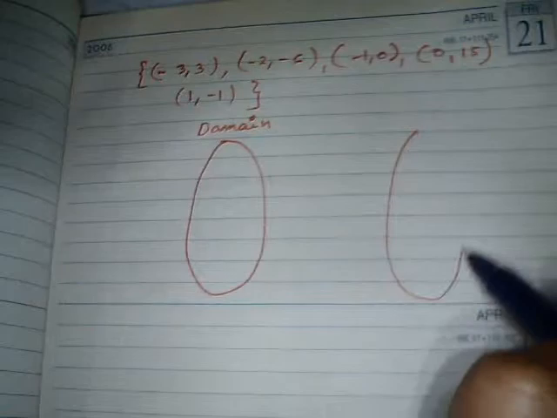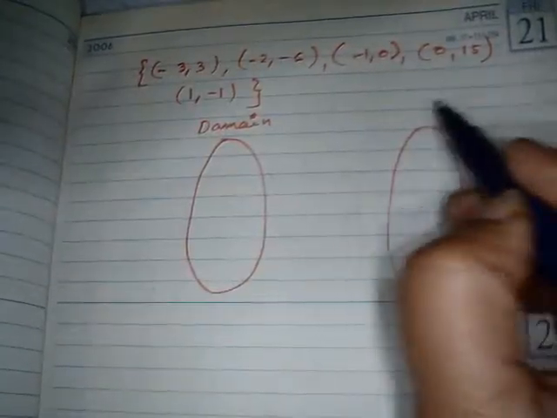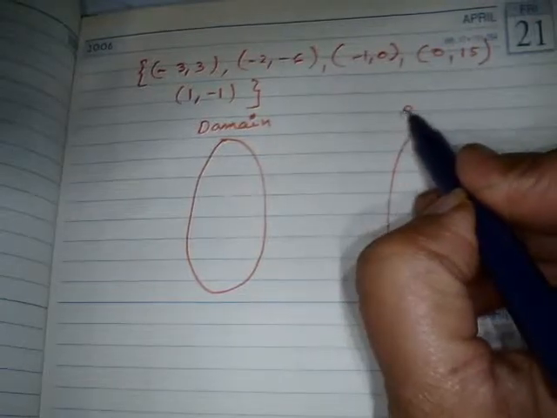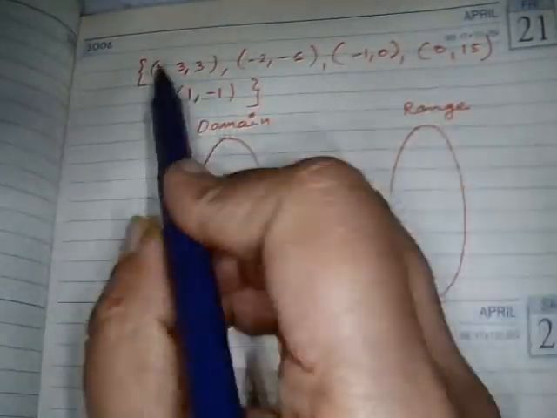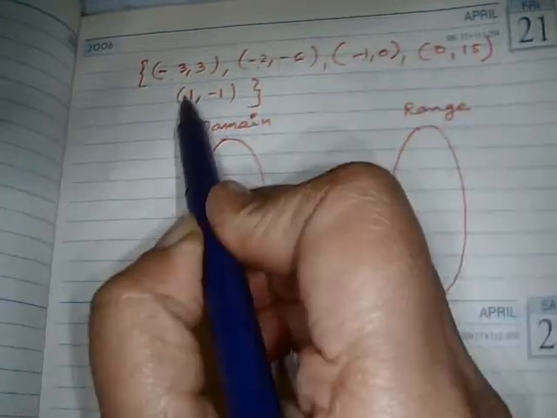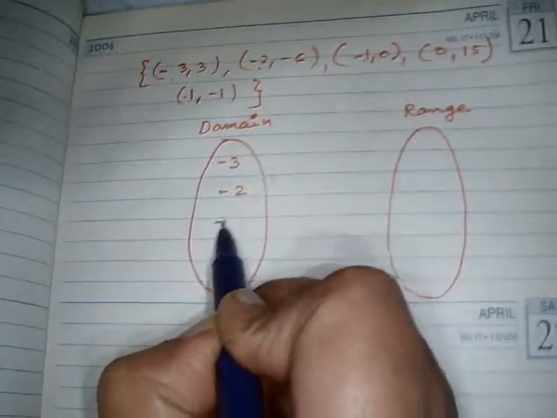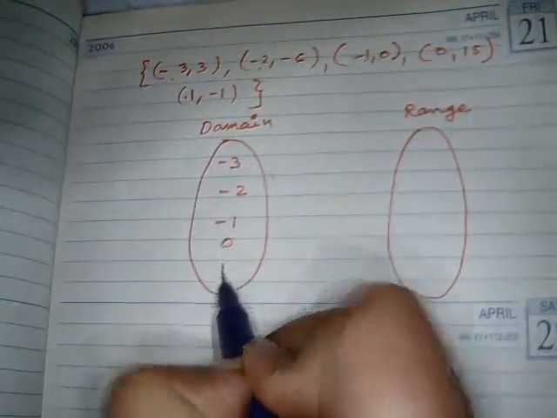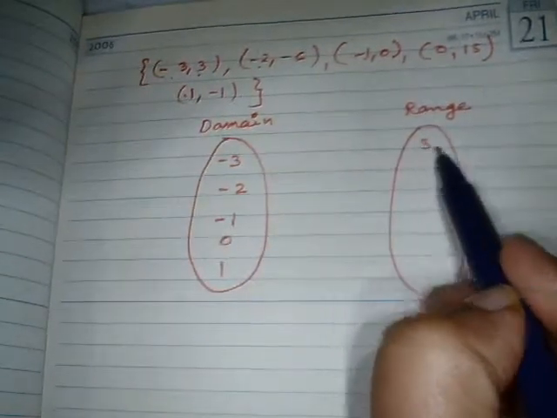By seeing these only you can decide, but for the time being I am doing this so you can differentiate when you do your own. Now the domain contains the x values, so over here I am going to write the x values: negative 3, negative 2, negative 1, 0 and 1. The range contains the y values: 3, negative 6, 0, 15 and negative 1.